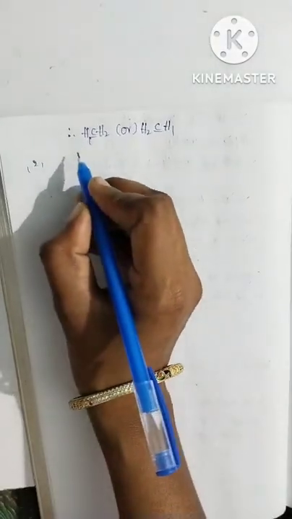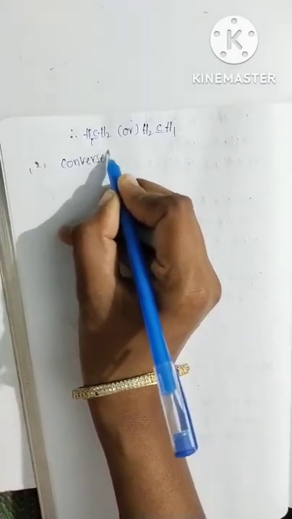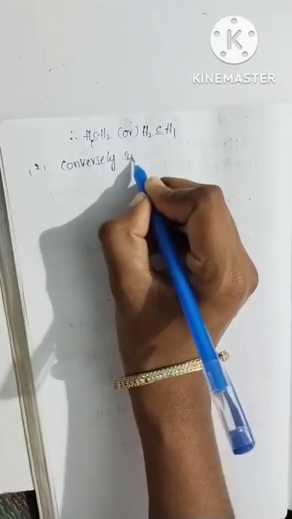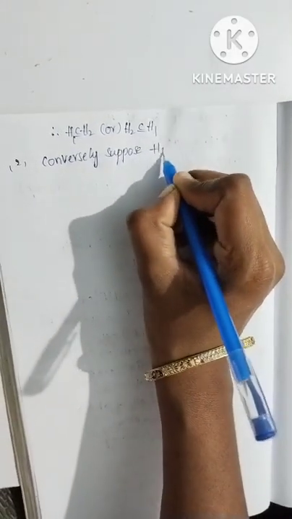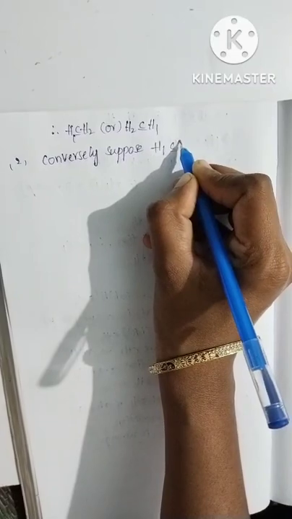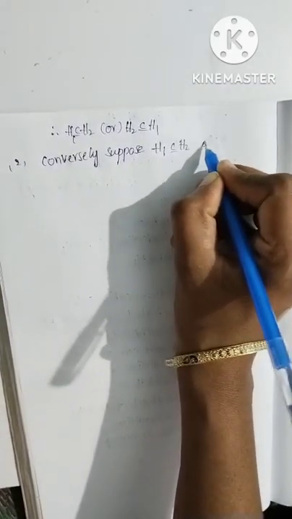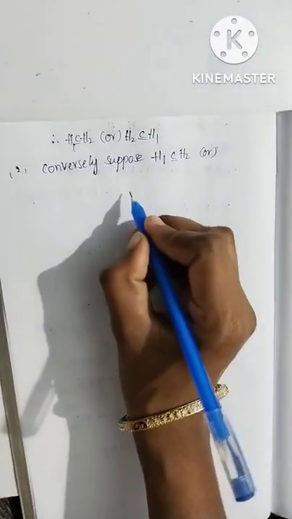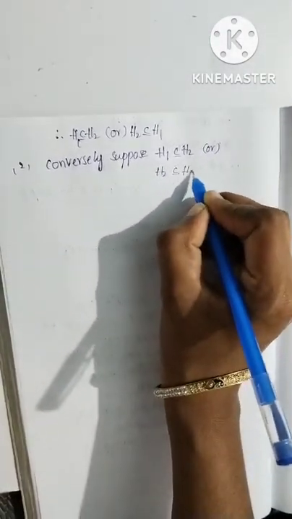Second, conversely, suppose H1 is a subset of H2 or H2 is a subset of H1.